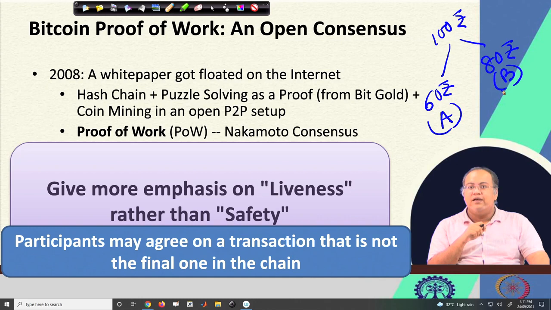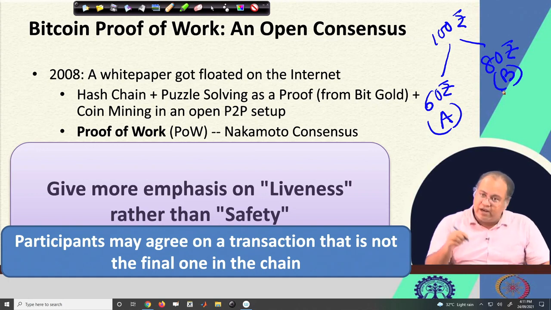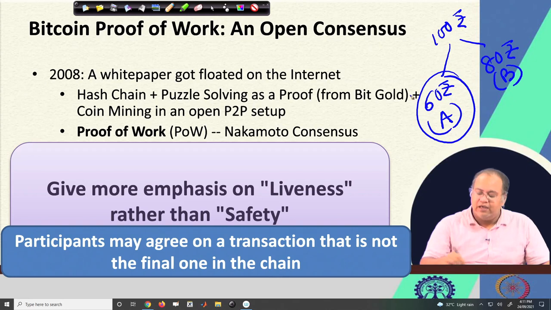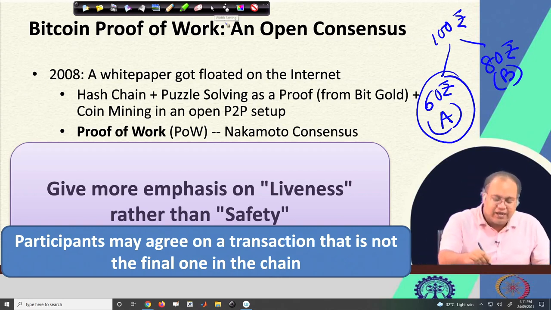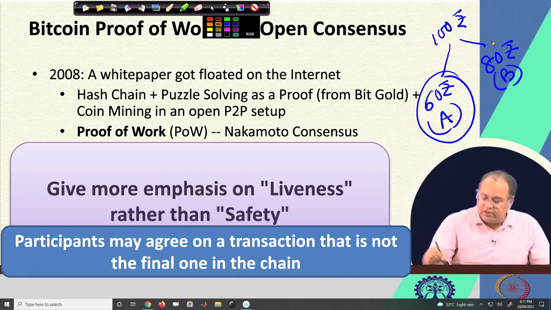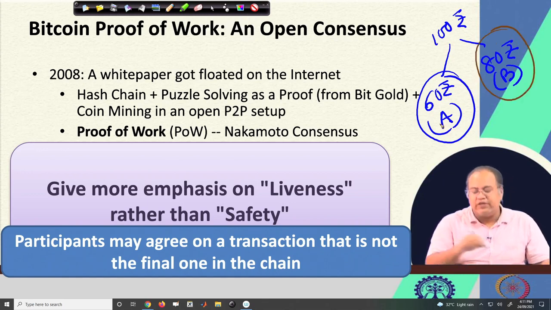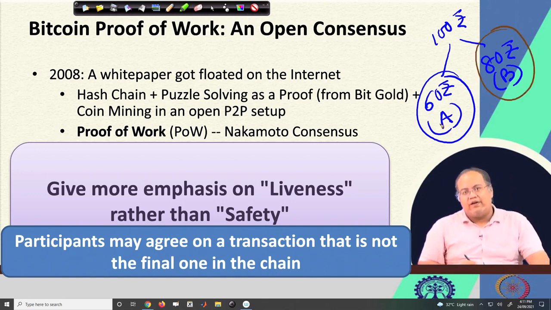In a proof of work based system, one person may say you include 60 and discard 80, while another person may say you include 80 and discard 60. Such things can happen.